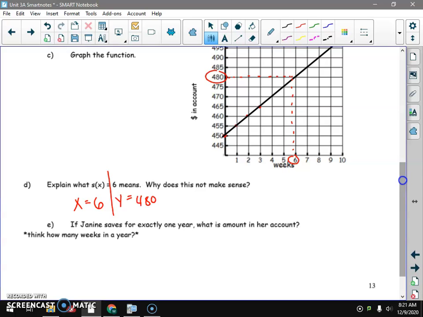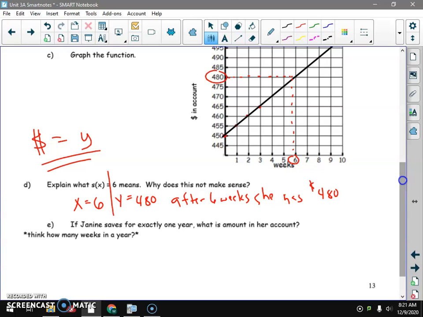What does it mean? After 6 weeks, she has $480. And a lot of times, guys, dollars is the Y value. A lot of times.